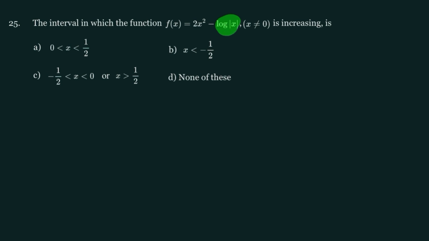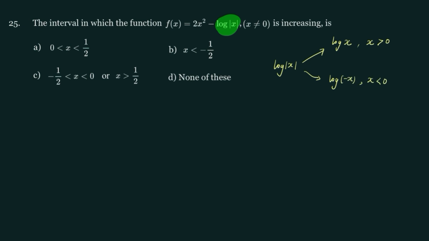Now we know that log of modulus of x will have two values, that is log of positive x when x is greater than or equal to 0, but here we will write only greater than 0 because the question has given x not equals to 0. And the log of modulus of x will have a negative value, that is log of minus x when x is less than 0.